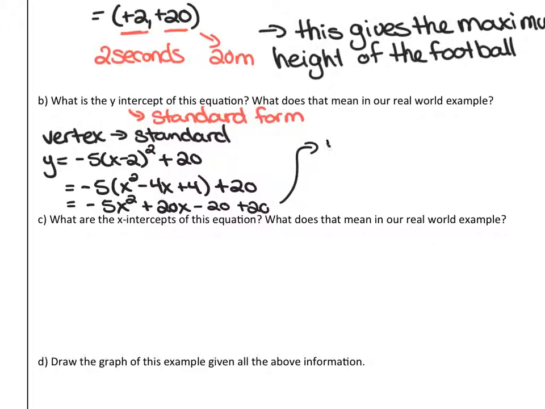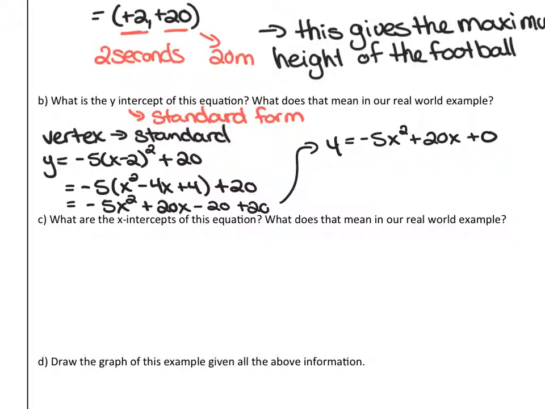So it becomes y equals negative 5x squared plus 20x. Minus 20 and plus 20 gives us 0, so we actually have a 0 on the end.